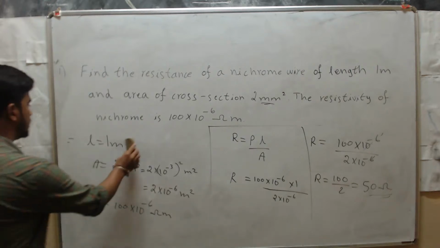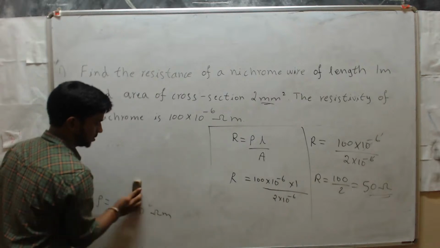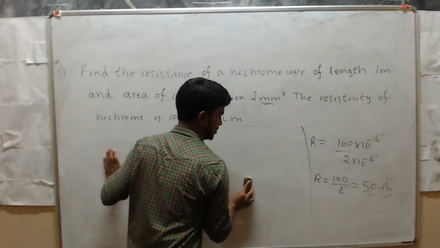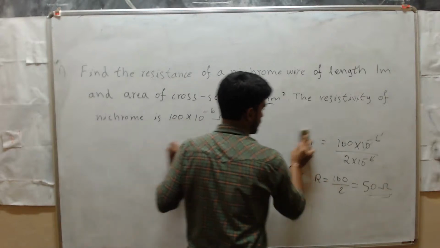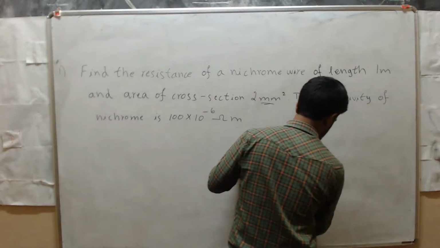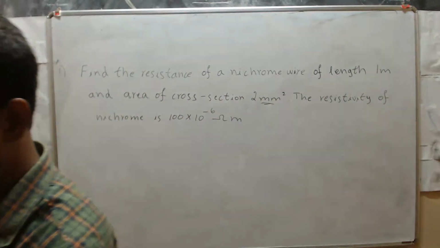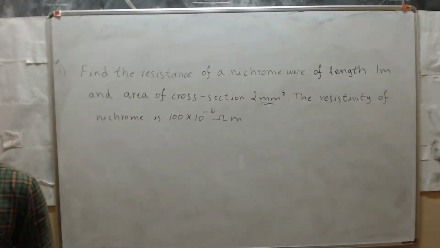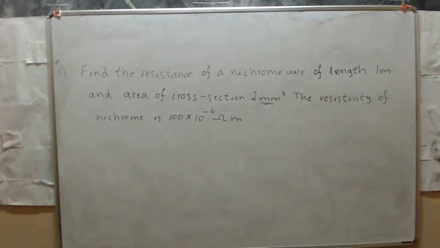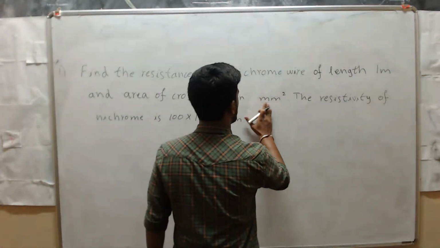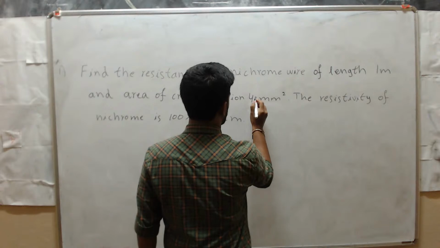Yes. Next one. See here. Find the resistance of a nichrome wire of length 1 meter and area of cross section 4 millimeter square.